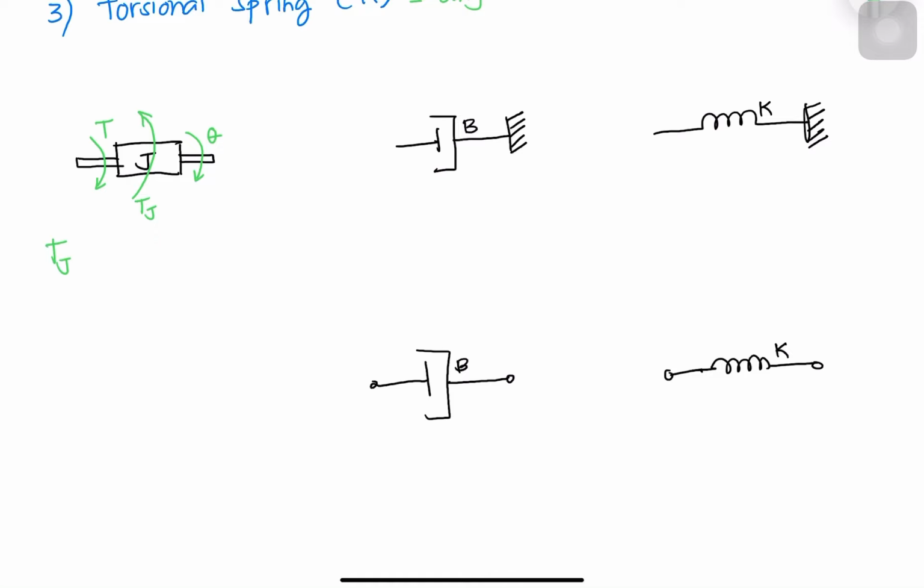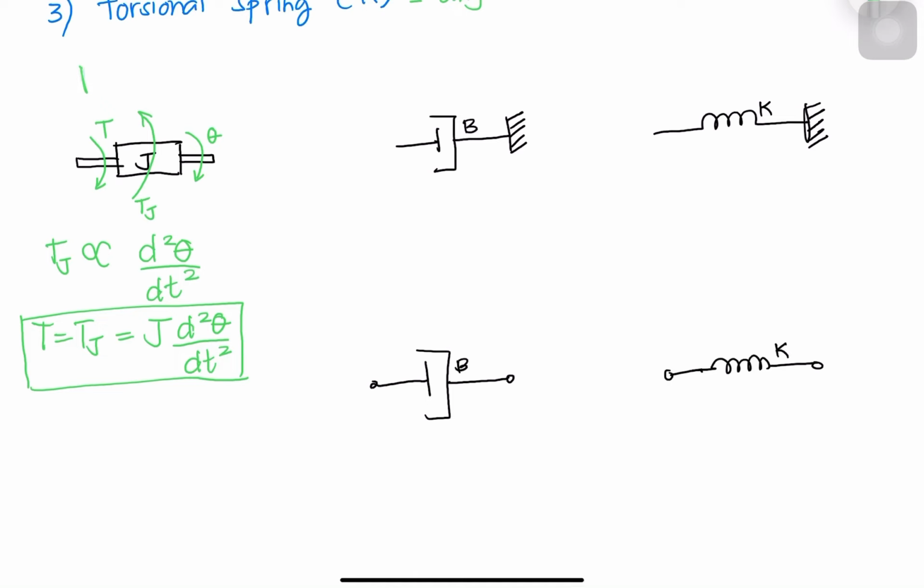Your torque due to the angular acceleration is proportional to the second order of angular displacement. So T is equal to Tj, still from Newton's law, which is equal to J times d squared theta over dt squared. So this is the formula for mass or inertia.